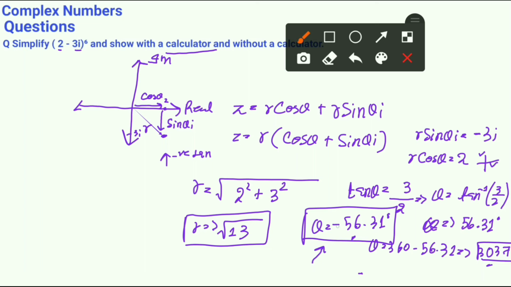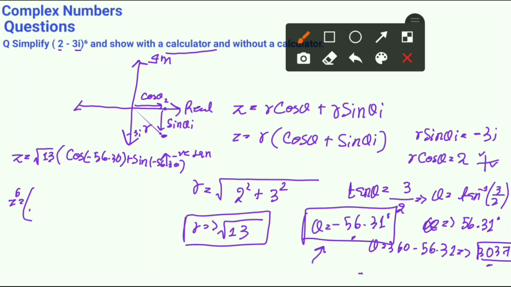But let's suppose I just take this value and put it in the equation: z is equal to under root 13 times (cos minus 56.30 plus i sine minus 56.30).